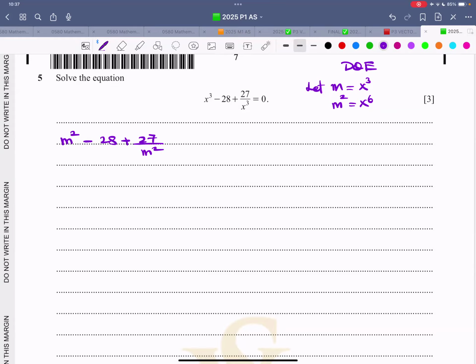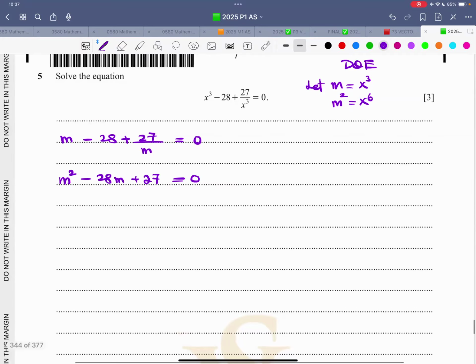My bad, over m, not m square. It will become m square later on. That equals 0. I could have converted into x power 6 and then substituted, or I did it just over here. Now this will become m square minus 28m plus 27 equals 0.